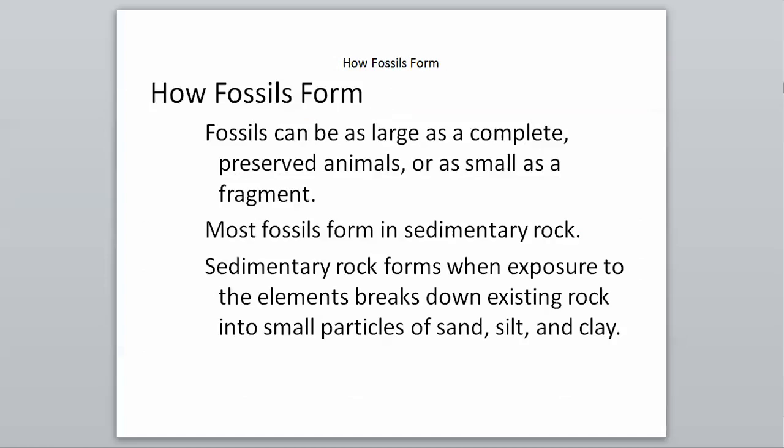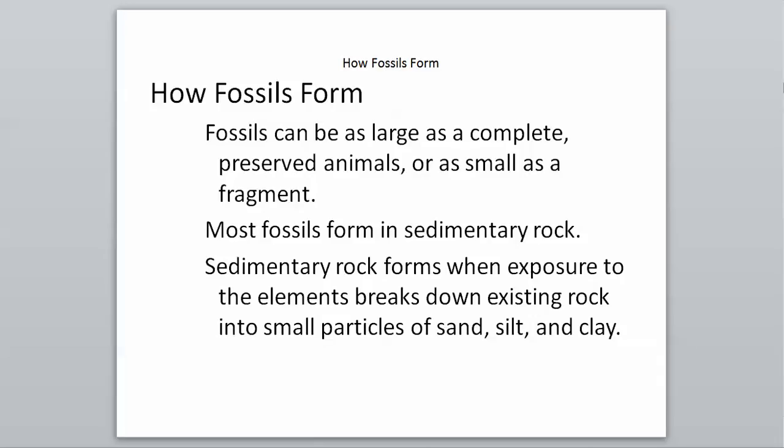So we have to know how these fossils came to be, and this will be why we have some in certain periods of time and why we don't have others. There is a wide variety of fossils. Some can be very large and complete, like Sue, the Tyrannosaurus rex up in Chicago. That's a very complete fossil, and they can be completely preserved animals.